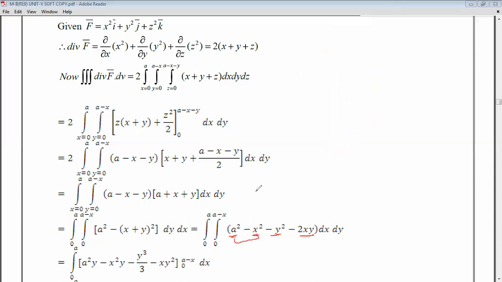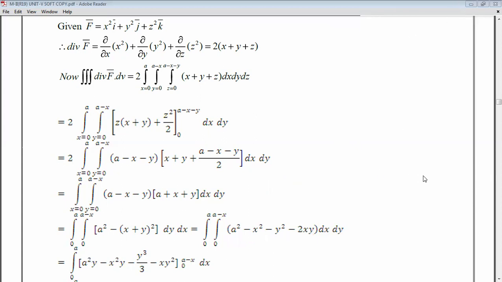So simply we can write (a square minus x square) into y. And next, minus y square is nothing but y cube by 3, minus 2x into y square by 2, so the 2s cancel. And now we need to substitute y as a minus x. Okay, and then simplify.